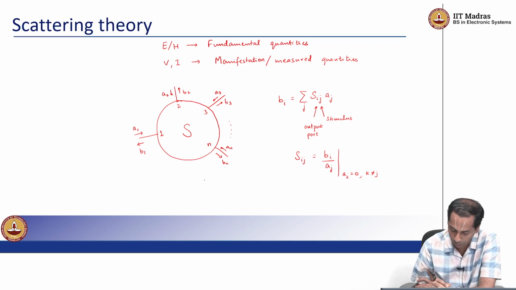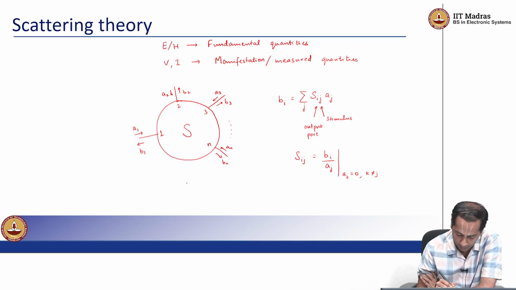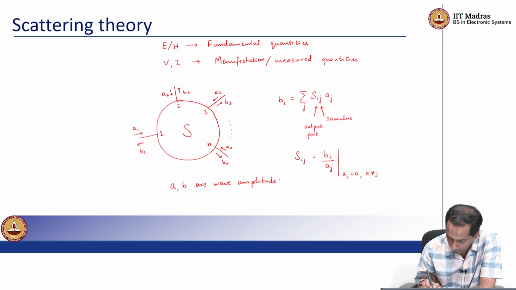So now I am going to define what these Aj's and Bj's are. We are going to say that A and B are wave amplitudes, and they are so defined such that the square magnitude gives us the power. So we are going to say that Aj is Vj plus phasor divided by square root of 2Zj.